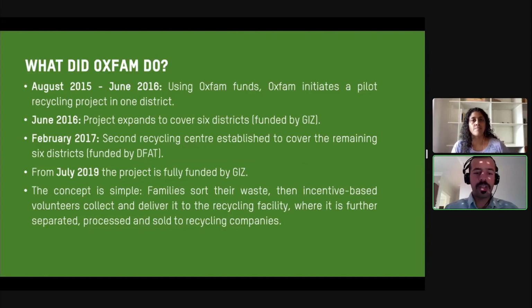Okay, so let's start with the story of the recycling project and how we established such a project in Za'atari camp. In 2014, there was a huge number of refugees living in Za'atari camp. We are talking about 150,000 refugees living in the same area, and there was pressure on the solid waste collection service.